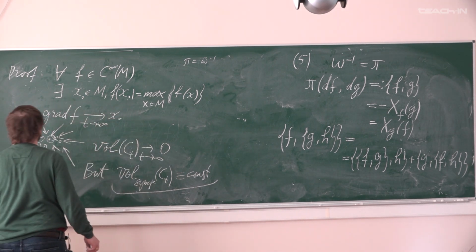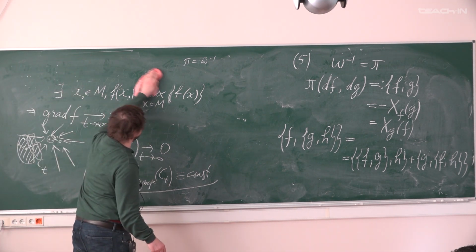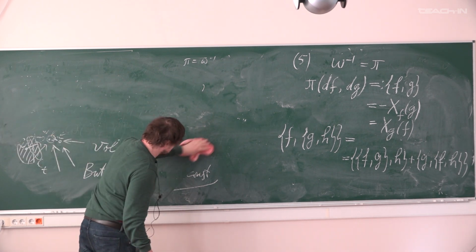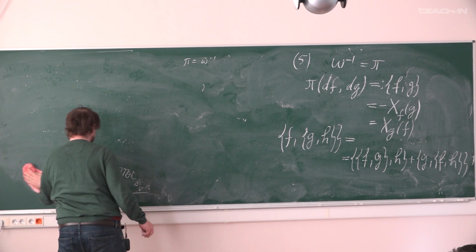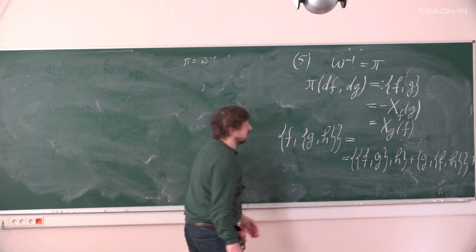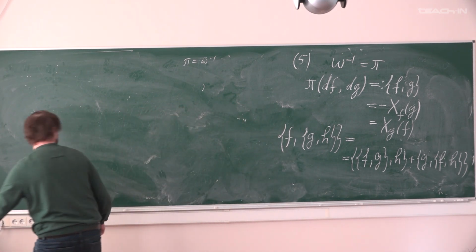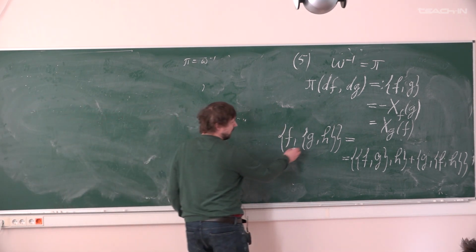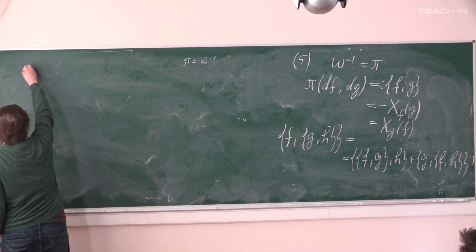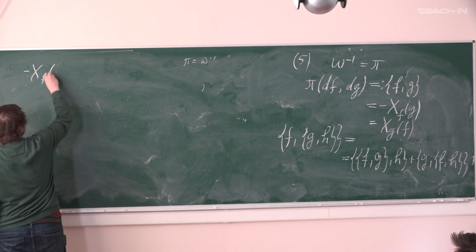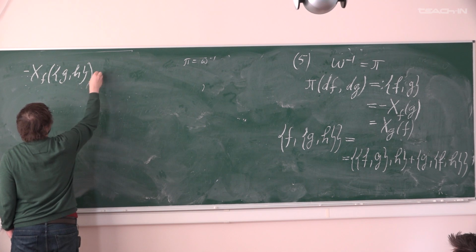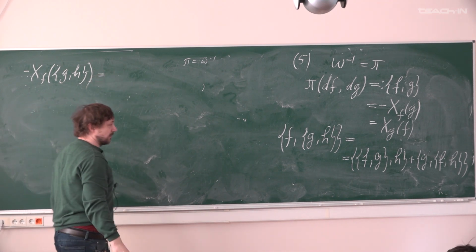You can rewrite this equation in several different ways. For instance, let's use this equation. So you have here minus X_f applied to {g, h}. What is it equal to?